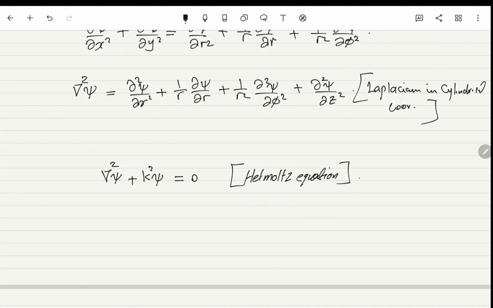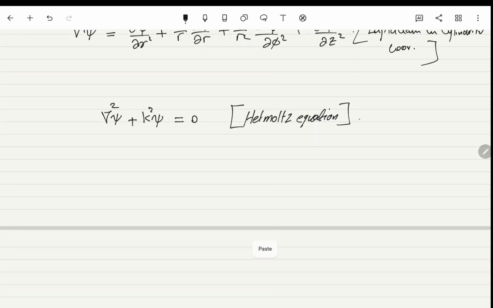Now to solve this Helmholtz equation, let's learn a technique. It's called separation of variables. Now we will solve this one here in Cartesian coordinates only, and in the advanced course we will solve this in spherical and cylindrical coordinates. So we will solve this one only in Cartesian coordinates using separation of variables.